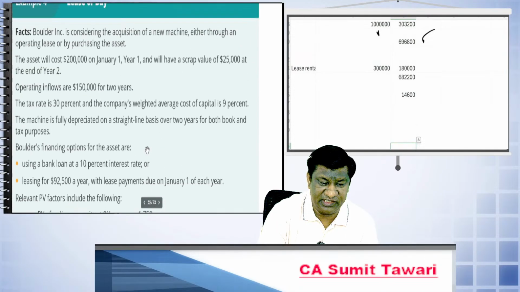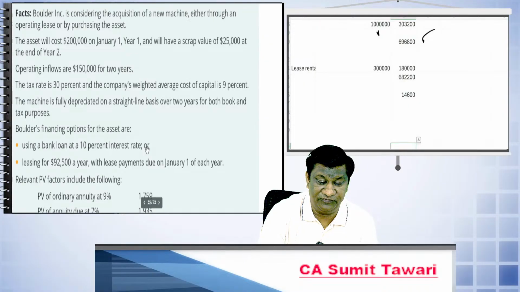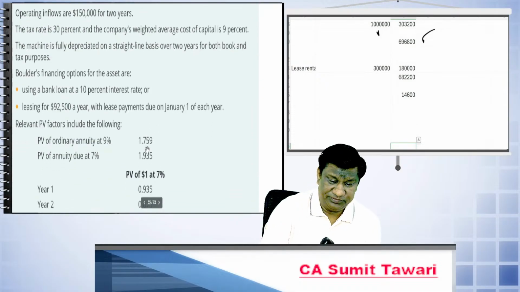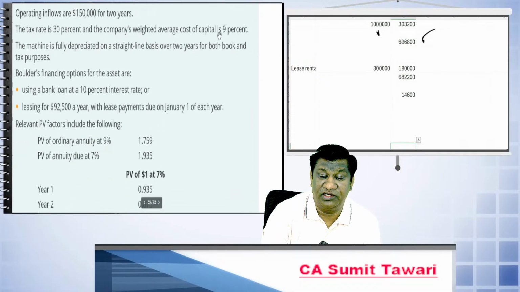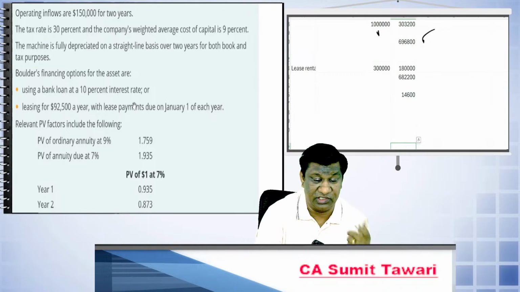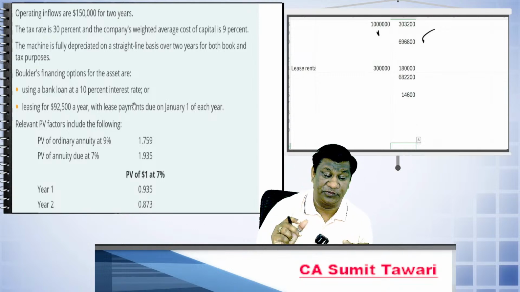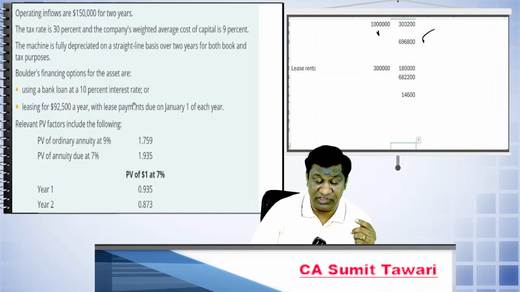Okay, so in this example, see what happened. We are evaluating lease financing against own investment. Even though the hurdle rate is 9%, we need to use the bank interest rate. Because you are not evaluating the earning, we are evaluating the option, and whatever may be the incremental cost, that you need to consider.